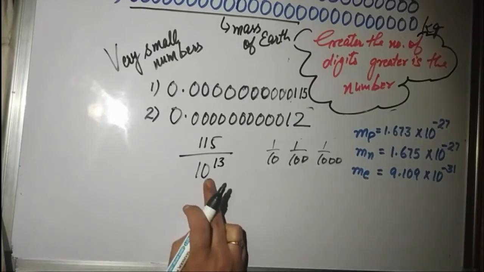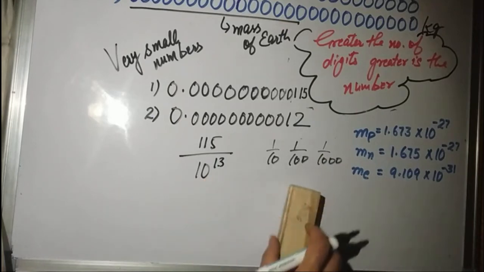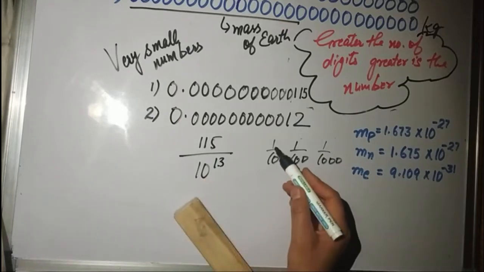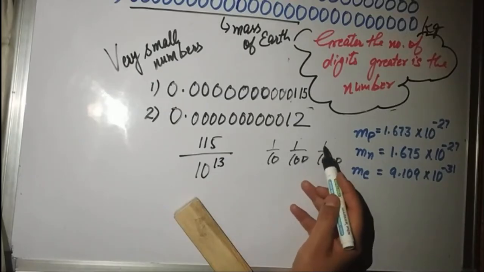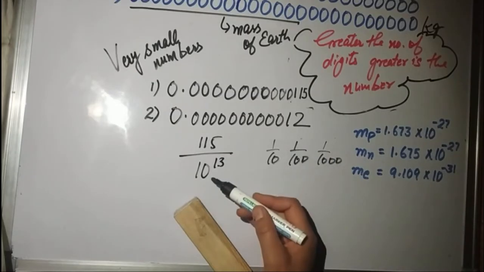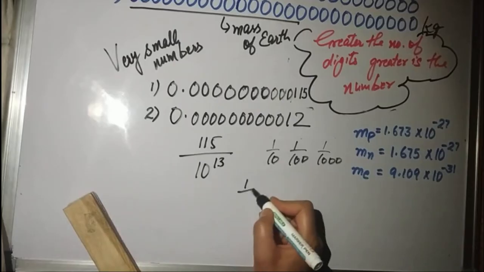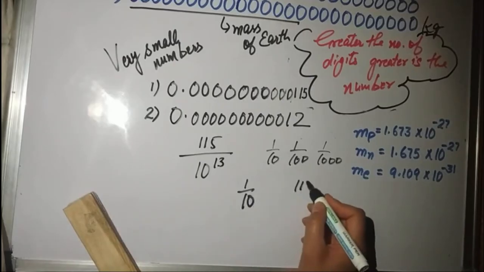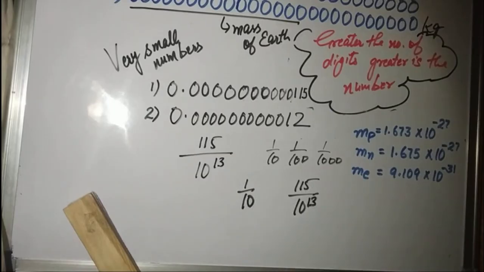We are not able to name it, but you can estimate how small this is. Doing 10 parts giving 1, doing 100 parts giving 1, doing 1000 parts giving 1, and now suppose doing this many parts. Okay? In fact, 1 over 10, if we have to compare this, do you know which one is going to be greater?